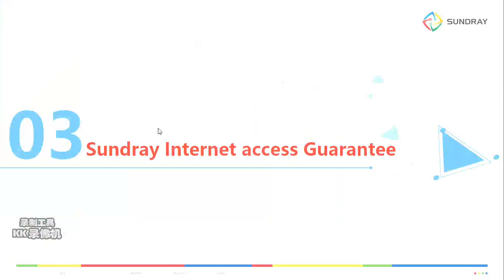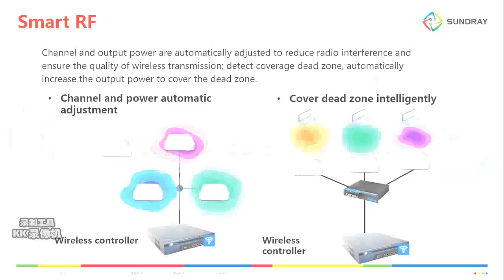And the third part here, we go to the internet access guarantee. So when we build up the network, we have to make sure that the network is stable when their customers connect to the network. So first one is smart RF.